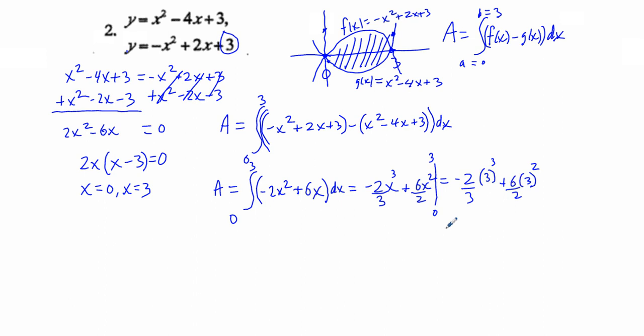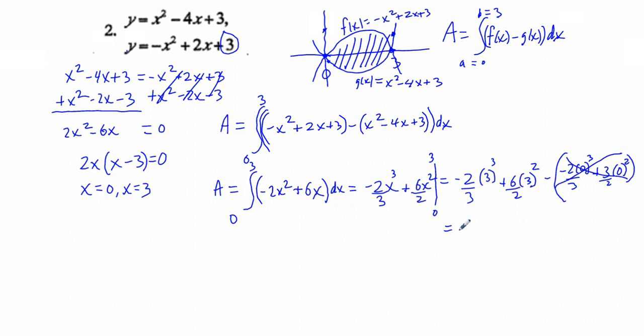And just working below, we're going to subtract out our 0. So we're going to subtract out negative 2 times 0 cubed over 3 plus 3 times 0 squared over 2. Okay, and this is going to end up being 0.